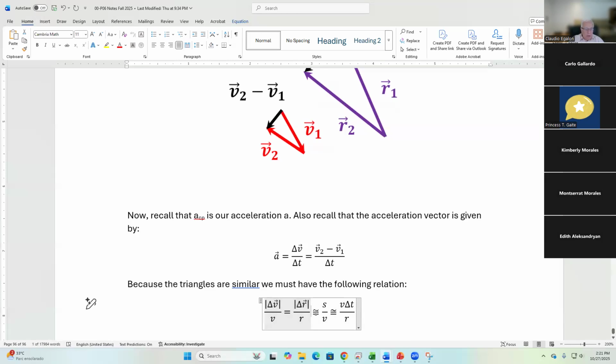The approximation starts here. This equality applies because those two triangles are similar to each other. The approximation starts right in here because this delta R is going to be approximately equal to the arc length of the circle that the particle describes.